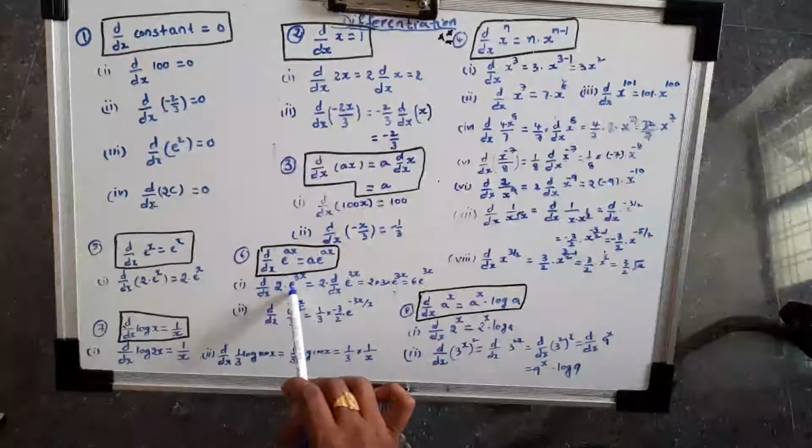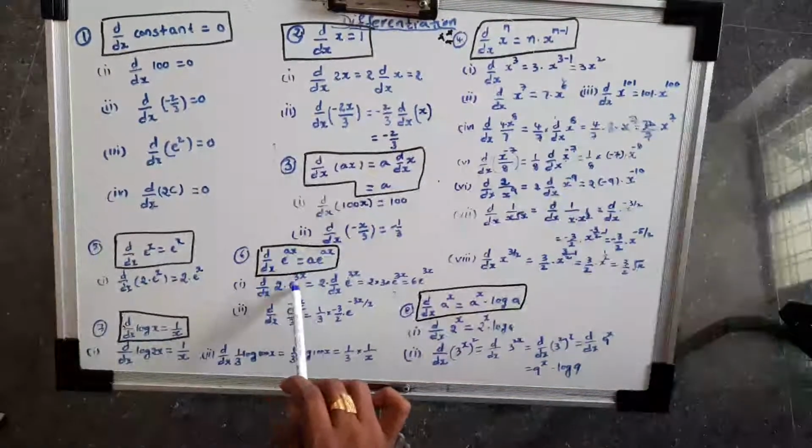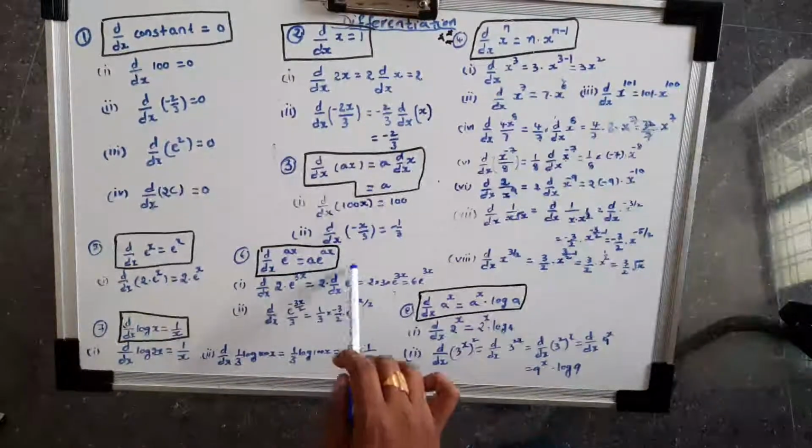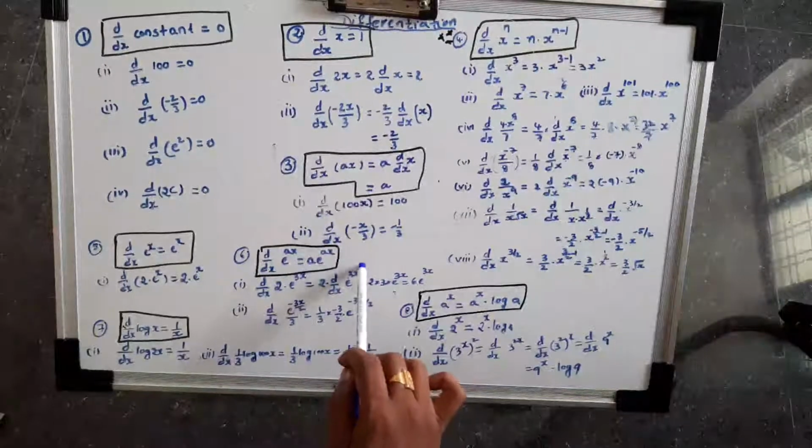d by dx of 2 into e power 3x. Here 2 is the constant, first you write it outside. You differentiate only e power variable, and that variable should be x with power only one.